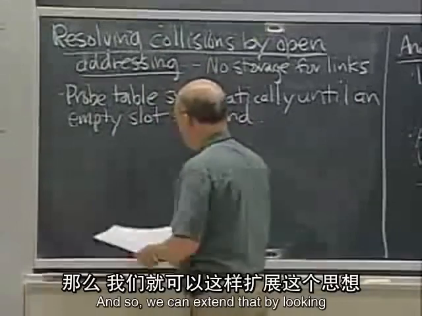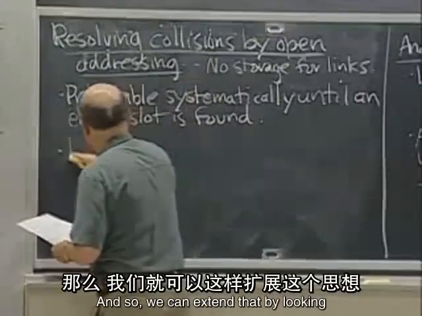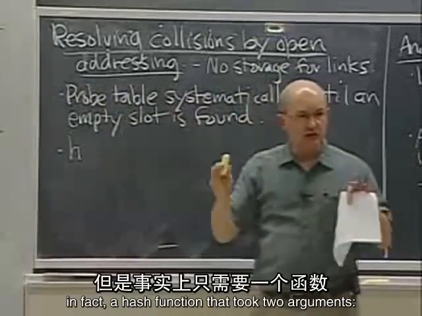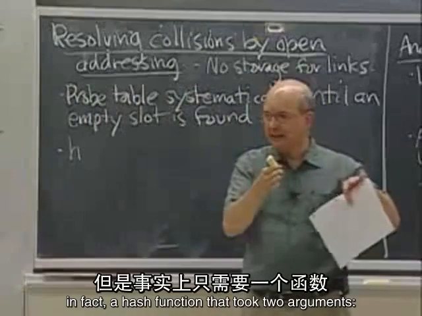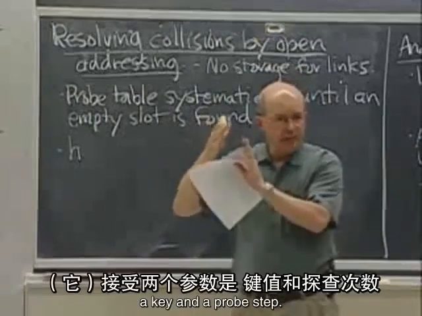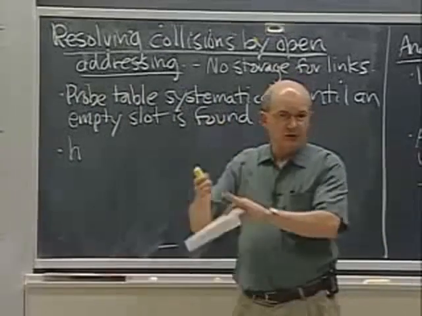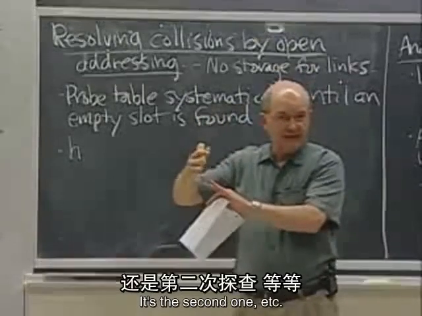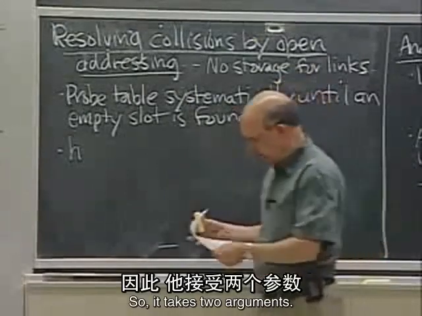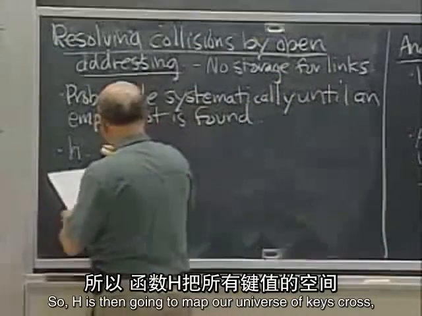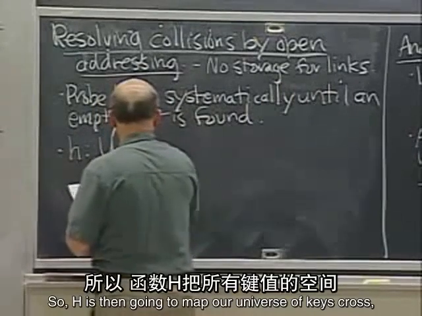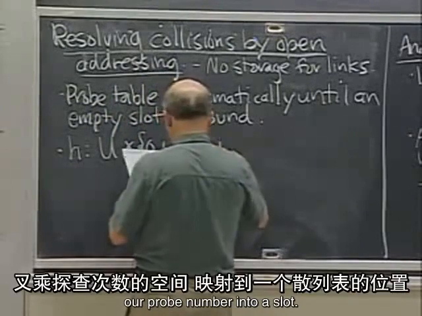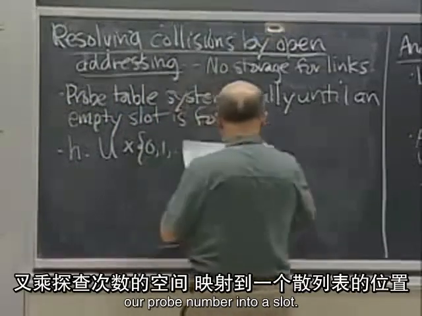We can extend that by treating the sequence of hash functions as a single hash function that takes two arguments, a key and a probe step, in other words, whether it's the 0th one, the first one, the second one, etc. So H maps our universe of keys cross the probe number into a slot.